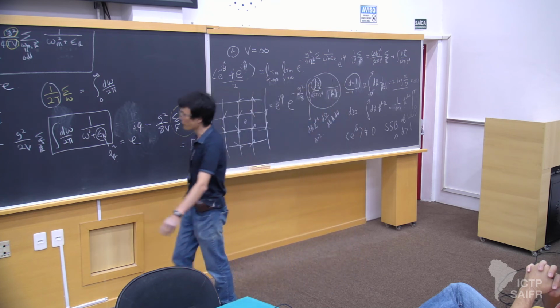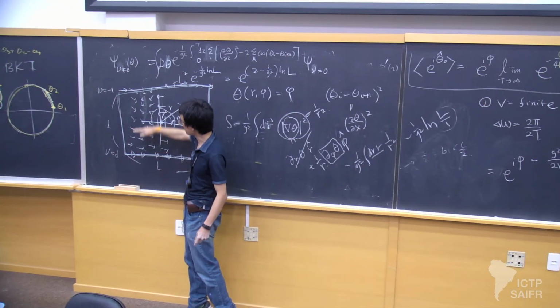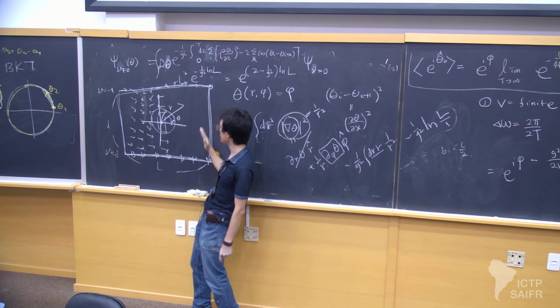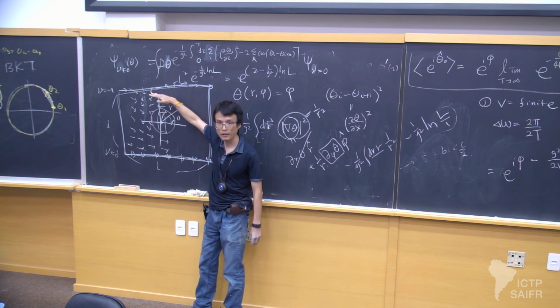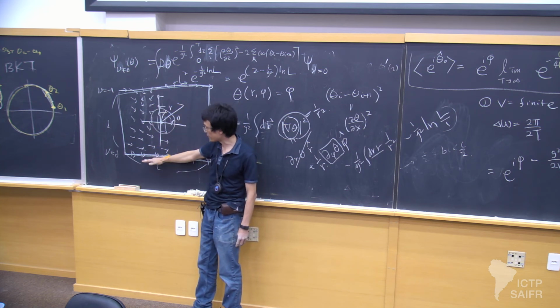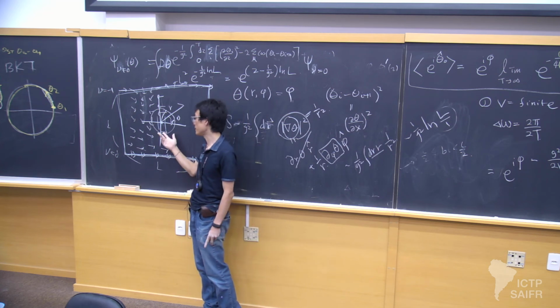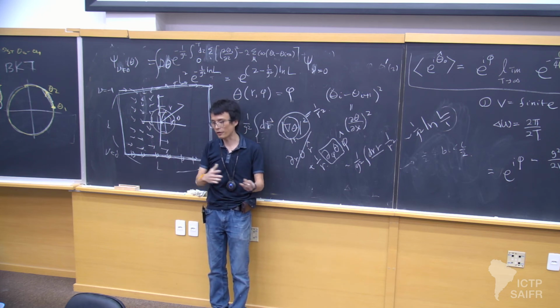Here, it looks like a vortex, but it actually describes space-time history. This is one-dimensional space, and this is the imaginary time. It just describes one path along which this winding number jumps. And how do we see this effect? This is the one that is responsible for tunneling.